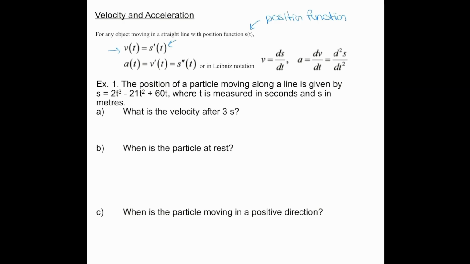So the velocity function will be equal to the derivative of the position function. If I want to know what the acceleration function, a of t, is going to be, then I can take the derivative of the velocity function, or I can take the second derivative of my position function. And that's what this is saying here. This is my second derivative. When I take the derivative of a derivative, I get the second derivative.